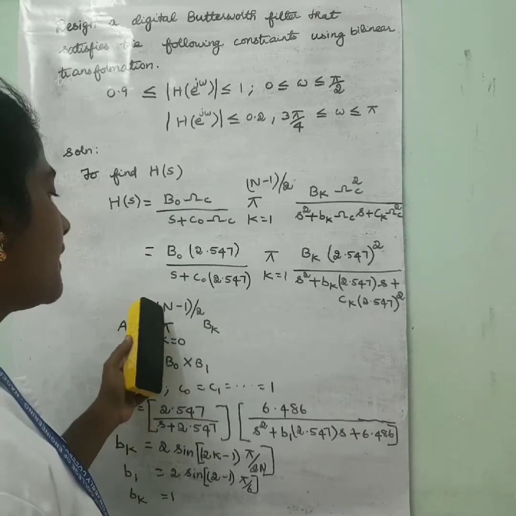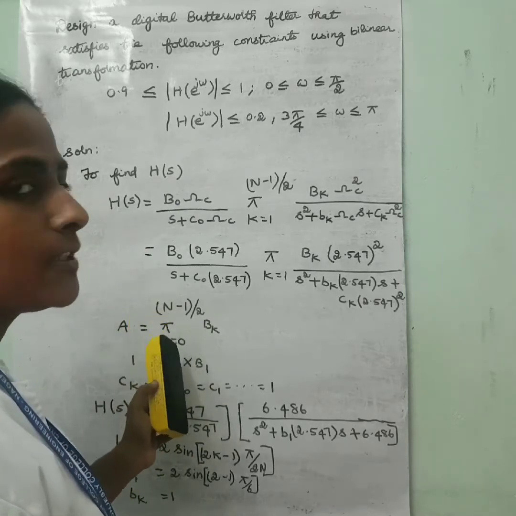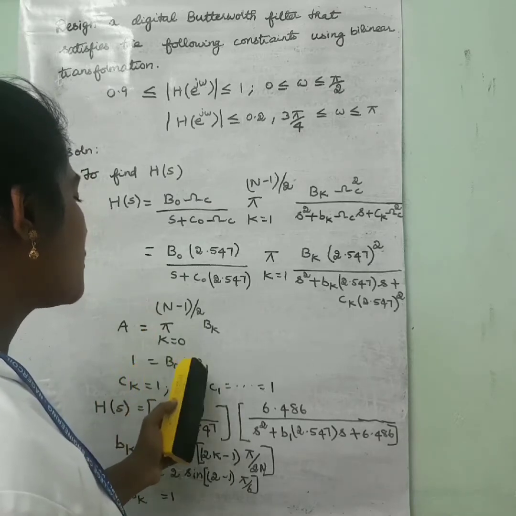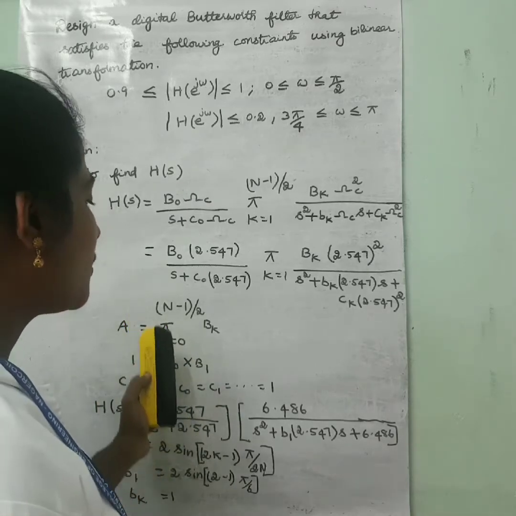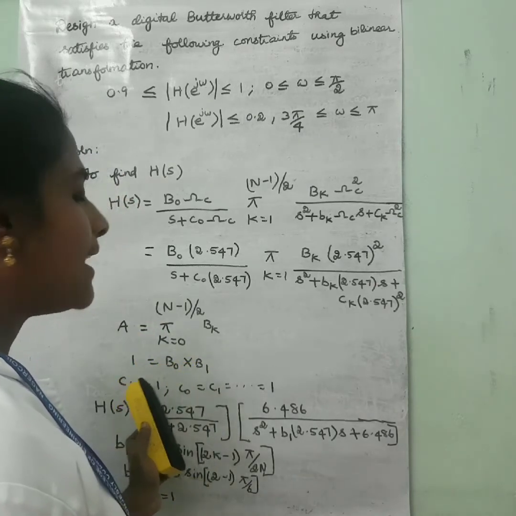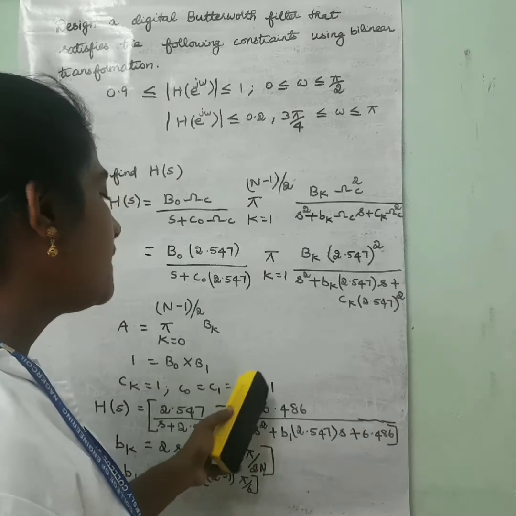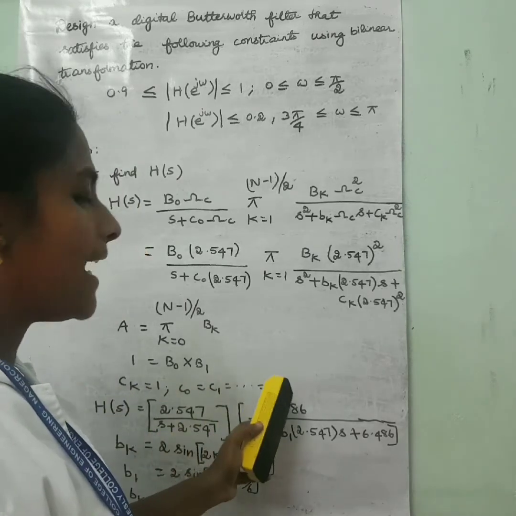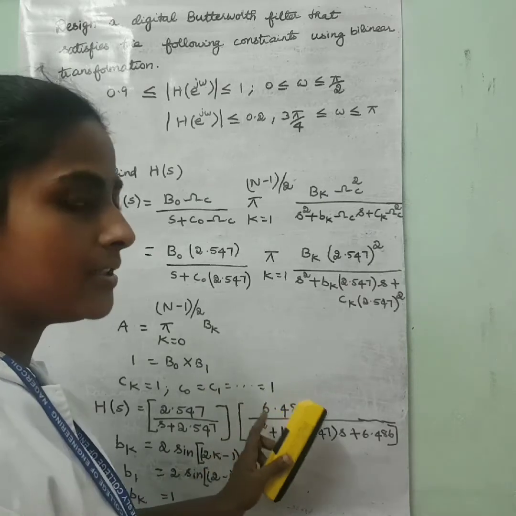So 0 to (n minus 1) divided by 2 in this case is 0 to 1, so b0 into b1. We have already known that the ck value, c1, is 1, so c0 and c1 are always equal to 1.